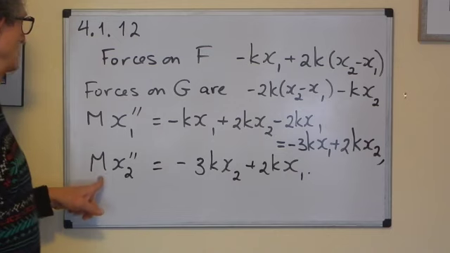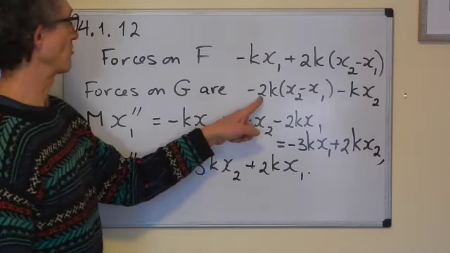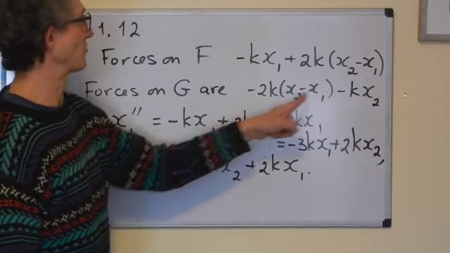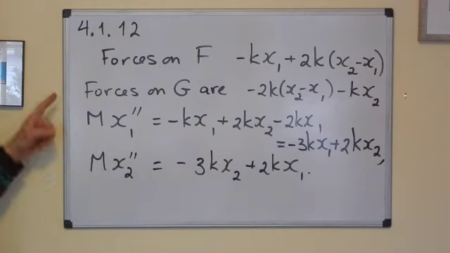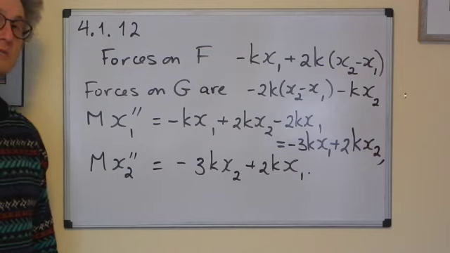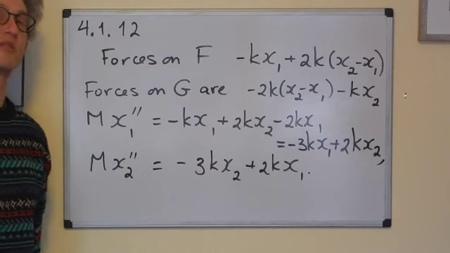For G, the mass times the acceleration is minus 3k x2 and plus 2k x1. And so those are our differential equations. We're going to want to write them as a system and then make some observations about that system.